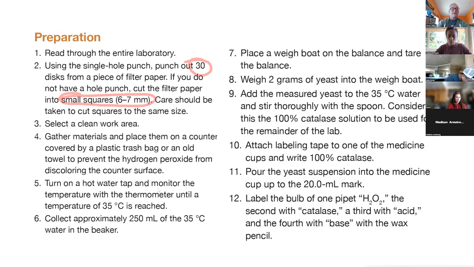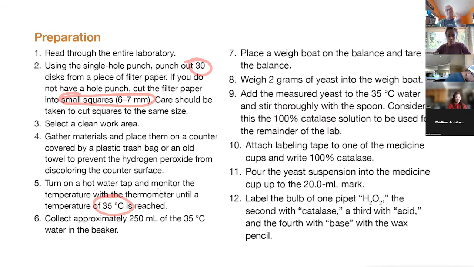So we want to get around 35-degree temperature, because most enzymes, not surprisingly, work at around body temperature. All of the enzymes in your body pretty much have been optimized to work best at 37 degrees, because that's the temperature they're at. Same with these yeast enzymes.